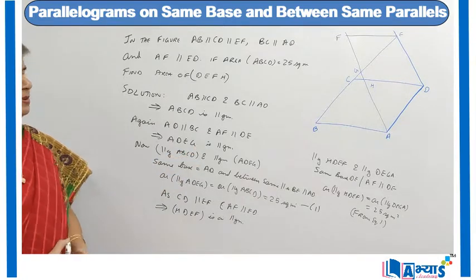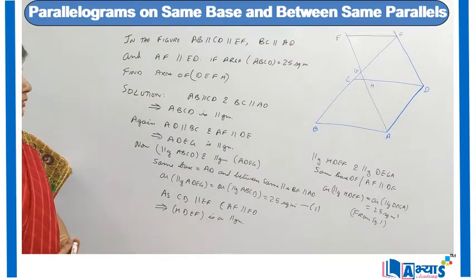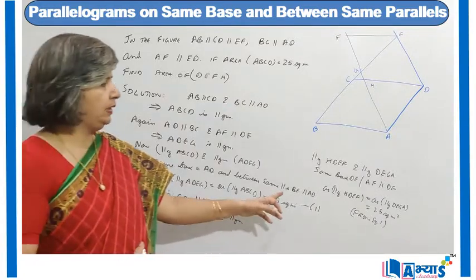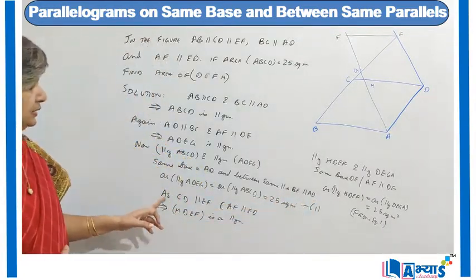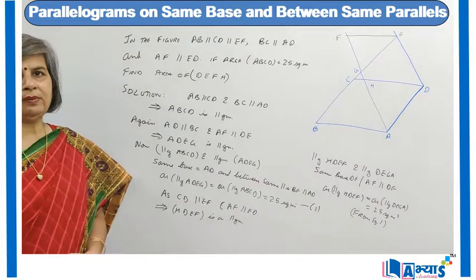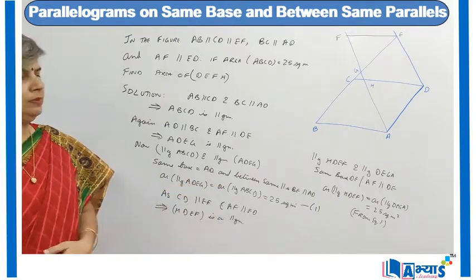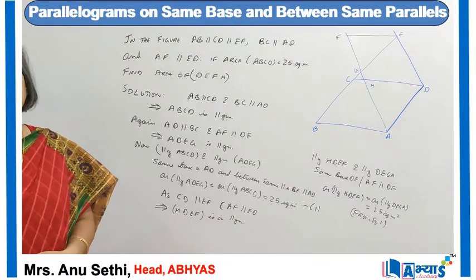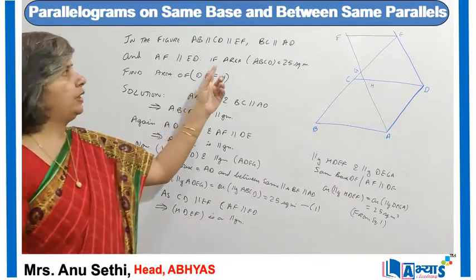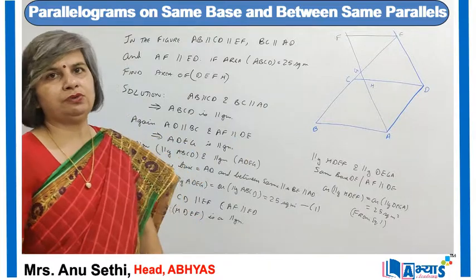Both lie on the same base AD and between the same parallels, as BE is parallel to AD. So the area of both the parallelograms will be equal. So area of ADEG is equal to area of ABCD, so it is 25 square meters because we were given that the area of ABCD is 25 square meters.